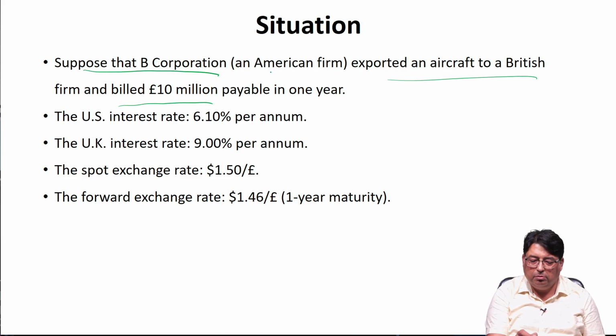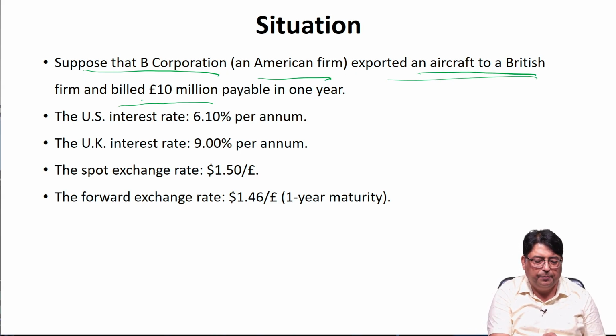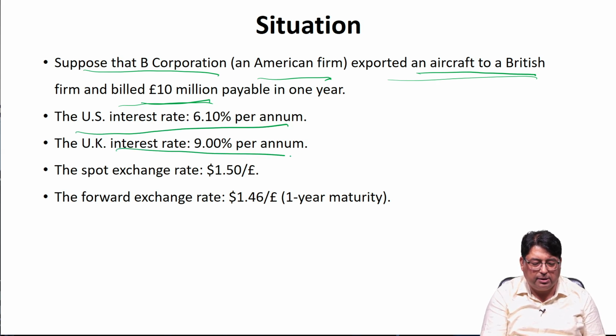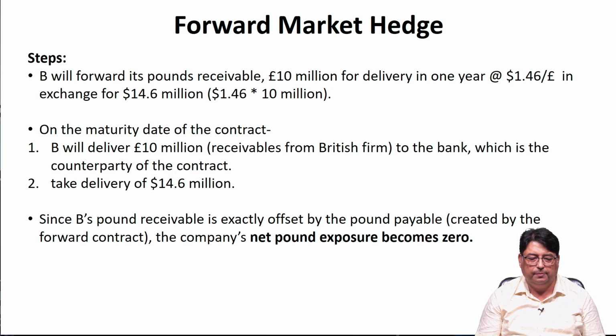Now, the US interest rate is 6.1%, the UK interest rate is 9%, the spot exchange rate is $1.5, and the forward exchange rate is $1.46 per pound for 1 year maturity.